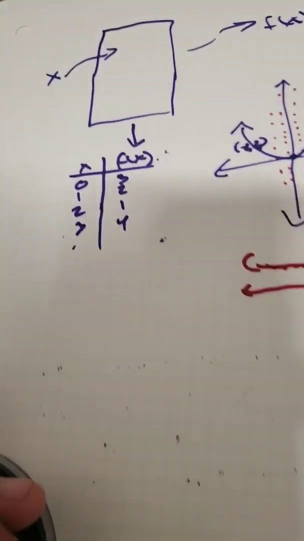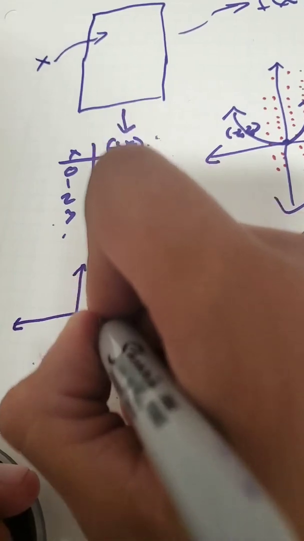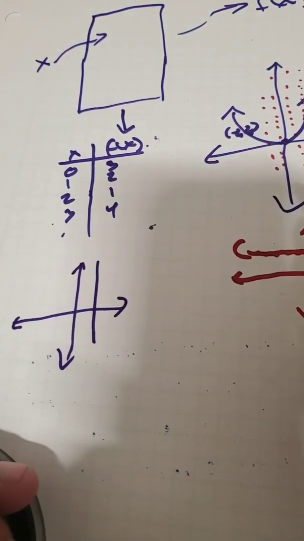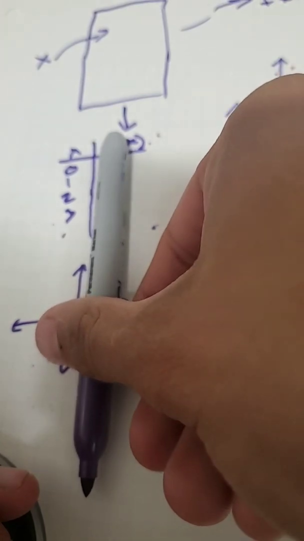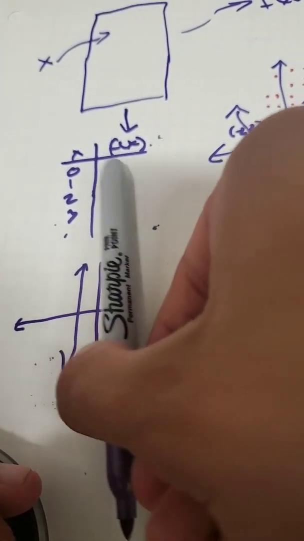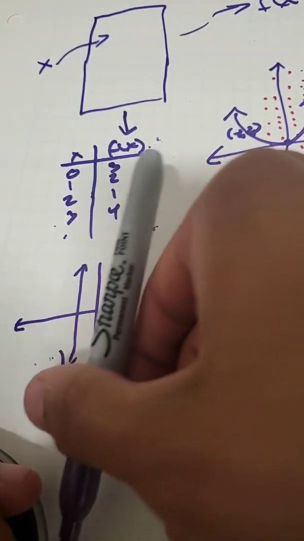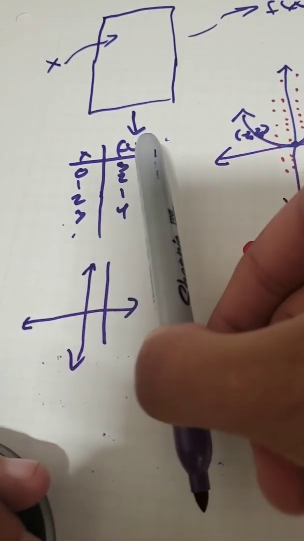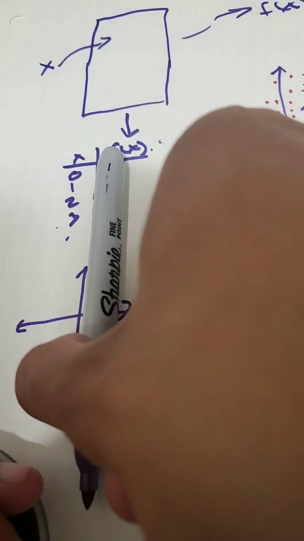What if we're given something like this, say a vertical line? Is that a function? We try to take a vertical line, but it intersects multiple points.